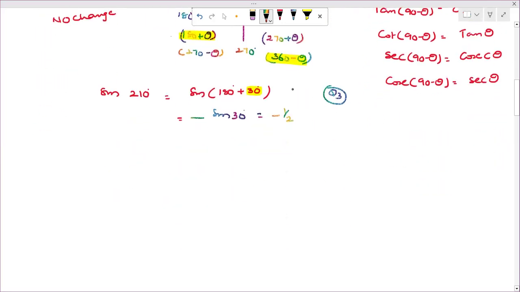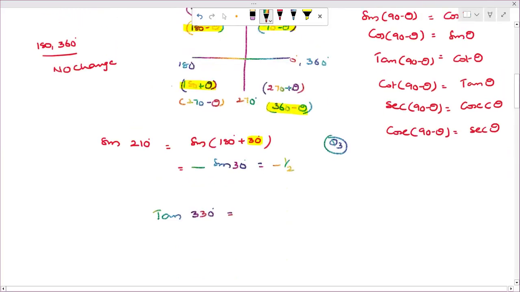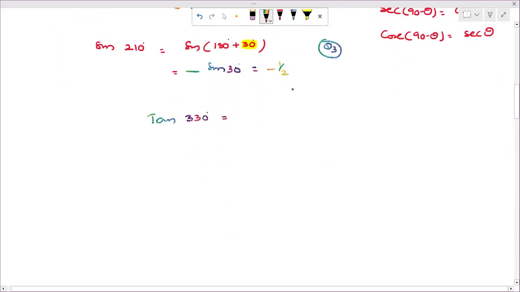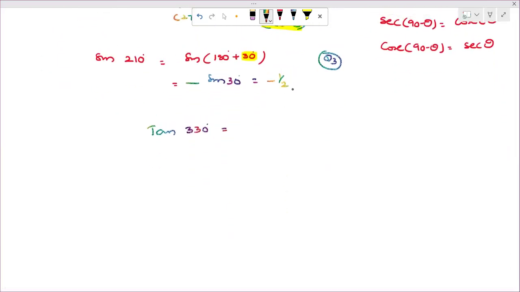For example, one more value I will take. Suppose I want to find tan 330 degrees. First of all, 330 degrees belongs to which quadrant? It is more than 270, which means the fourth quadrant. In the fourth quadrant, is tan positive or negative? Negative. So first convert it in terms of 360, since it is near 360.